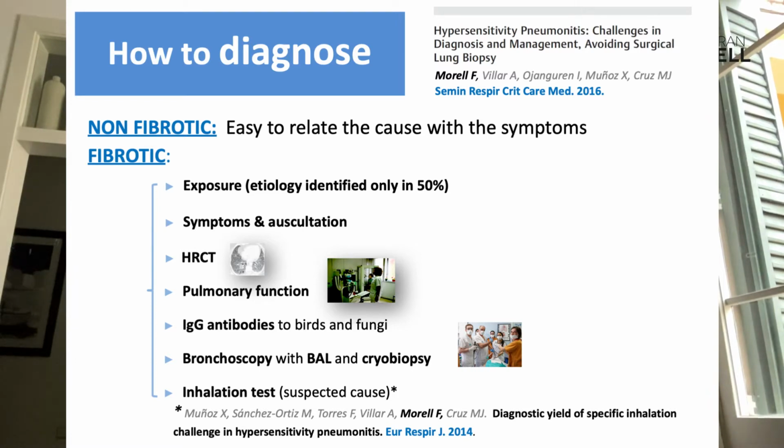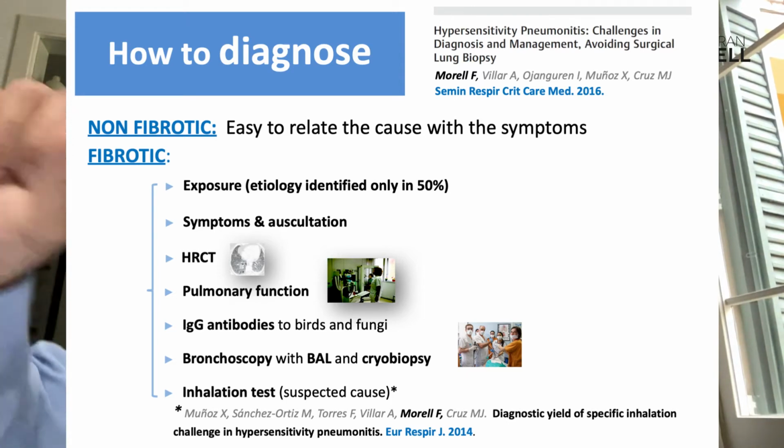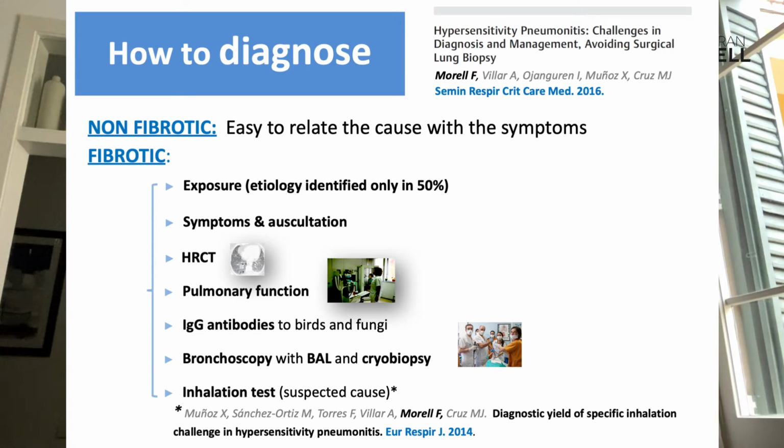So the symptoms: we have auscultation with Velcro rales or chirping rales, these inspiratory rales, no. So we have the high resolution CT that we have commented on, the pulmonary function, the detection of IgG antibodies, mostly against birds and fungi, and we always perform bronchoscopy with BAL to find lymphocytes, and we usually in our center always perform cryobiopsy in this form, no? And also we perform an inhalation test.